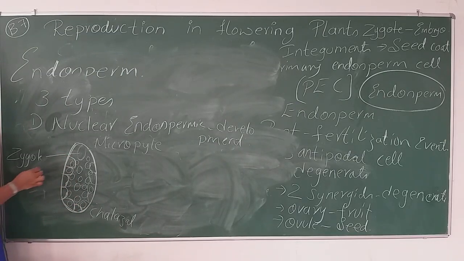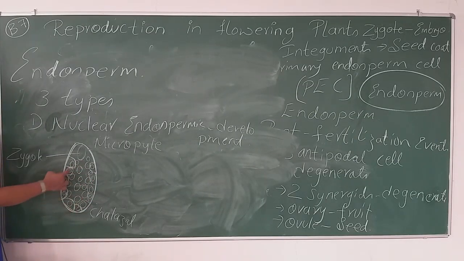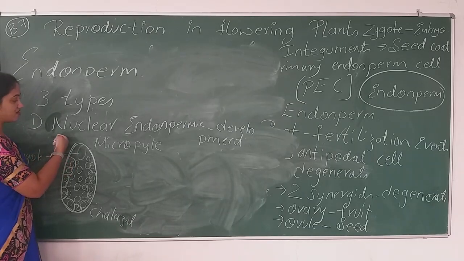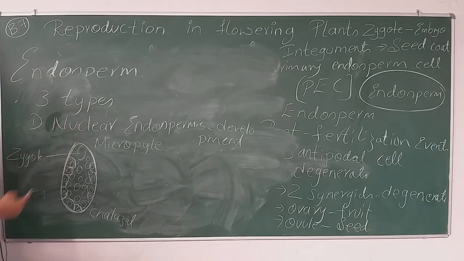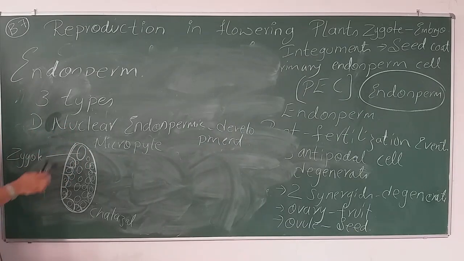That division results in the formation of peripheral cell walls, so that each cell consists of one nucleus, like this. So now at the middle portion free nuclei are there, at the peripheral part cell walls form, and each cell has one nucleus. This type of development is known as nuclear endospermic development, or free nuclear division. That's all about the nuclear endospermic development.